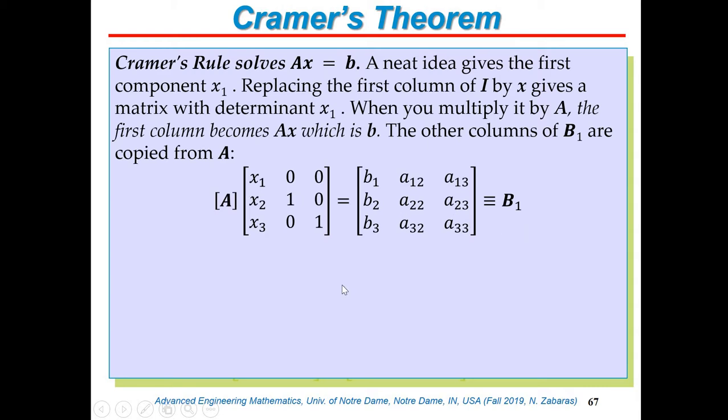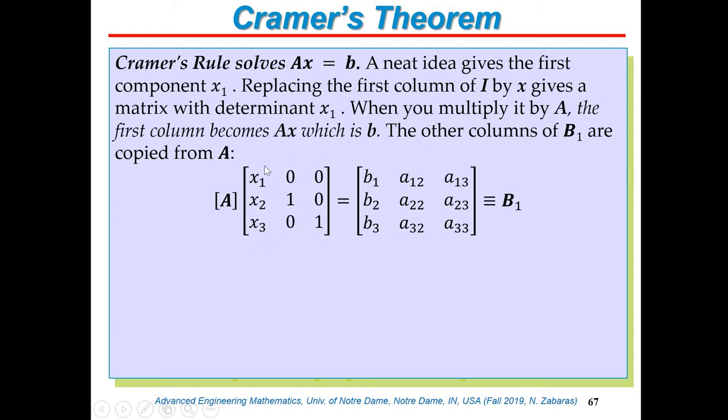So let me do the following interesting calculation. I'm going to take determinants of the matrices on the left and the right. You remember that the determinant of a product is the product of determinants, so the determinant of A times the determinant of this new matrix. And on the right-hand side, I'm going to have the determinant of B1.